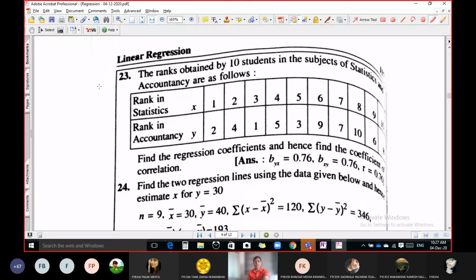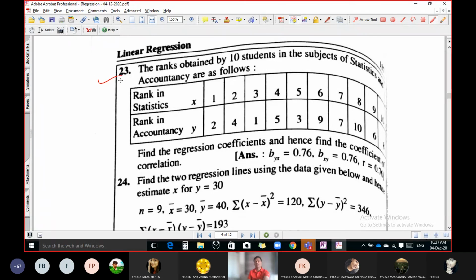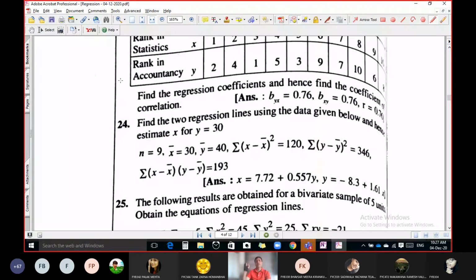Do at least 2 to 3 questions minimum. Randomly select any 2 to 3 questions and try to find the answer.